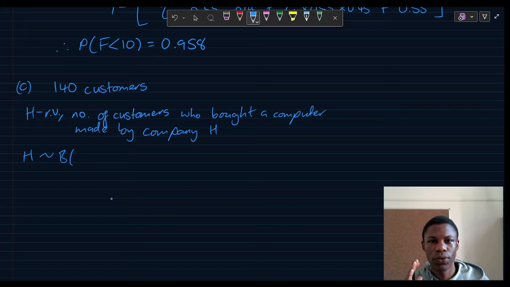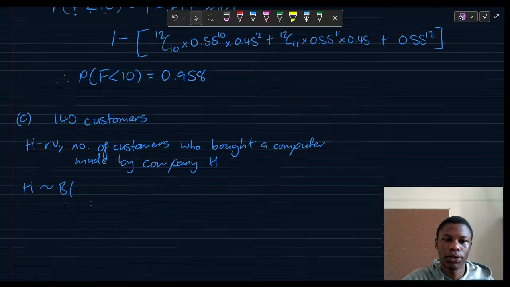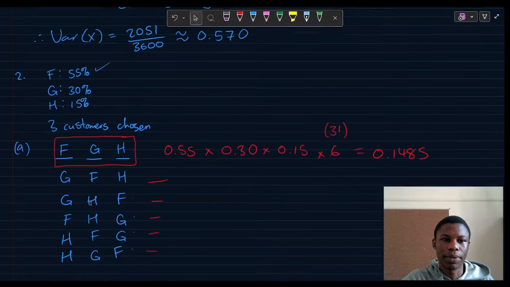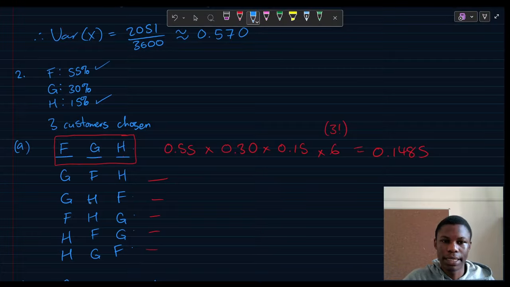Again, you can run through the four conditions of a binomial distribution, which are fixed number of trials, constant probability of success, trials are independent, and two outcomes. In this case, they're all satisfied because our number of trials is 140, which is fixed. Our probability of success, that's the probability of a computer by company H, is 15%.